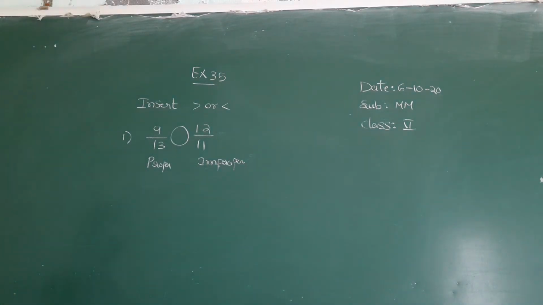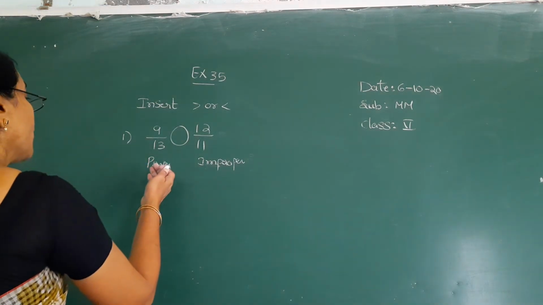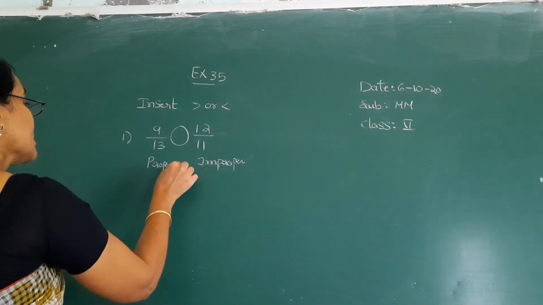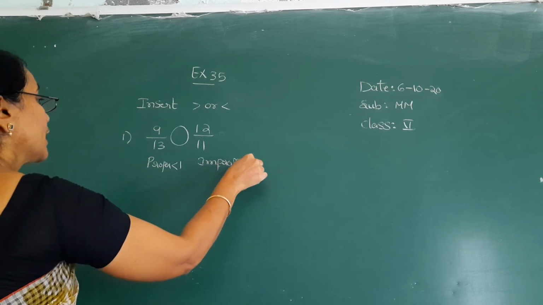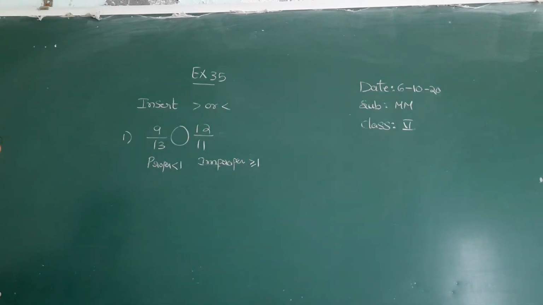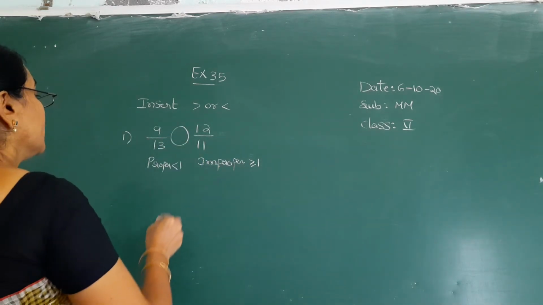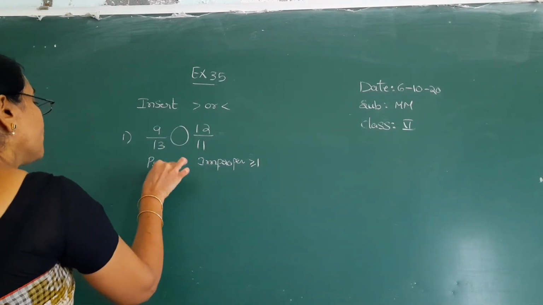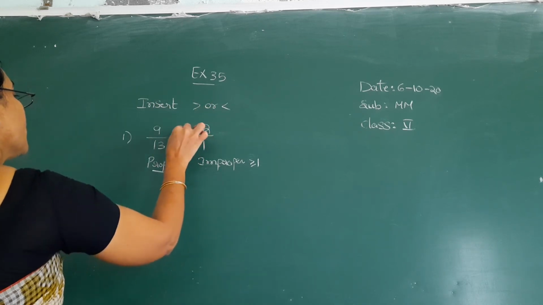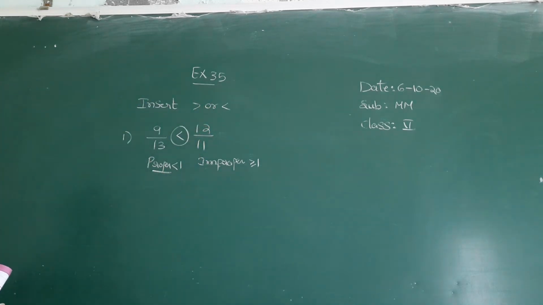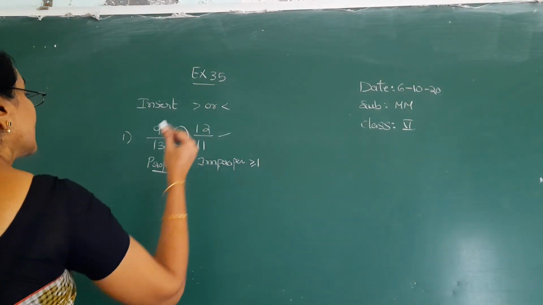Here the first fraction is proper fraction, second fraction is improper fraction. Proper fraction value is always less than 1, improper fraction value is always greater than or equal to 1. So this value is less than 1, this value is greater than 1, means every proper fraction is less than the improper fraction. So it is improper, so it is greater fraction.